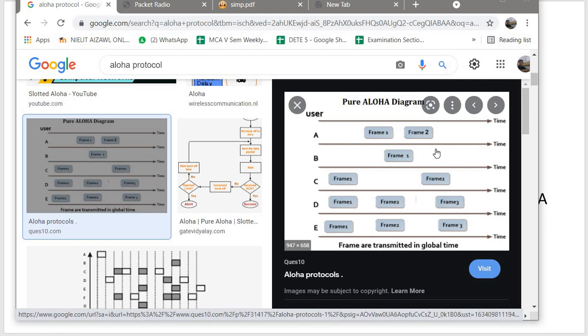These are the frame generation assumptions.